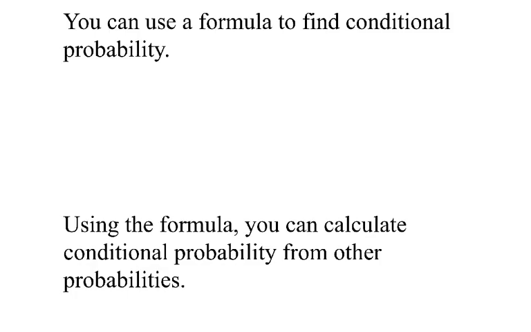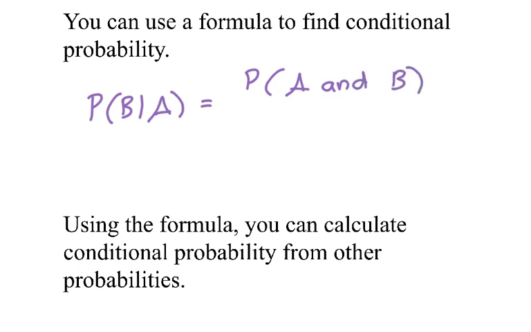Now we do have a formula that we can use to find this conditional probability. So it is the probability of B given A is the probability of A and B divided by the probability of A. And remember, our A is our given.